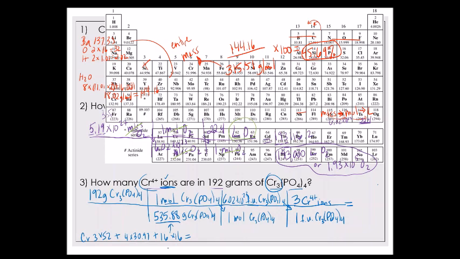Now we can do the rest of the calculation. 192 times 6.02 to the 23rd times 3 on the top, and divide that by 535.88 on the bottom. So I'm getting here 3 significant digits for my answer. So I'm going to keep the 6, the 4, the 7, and times 10 to the 23rd.